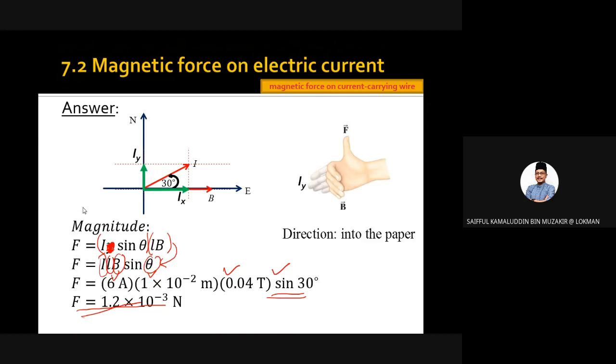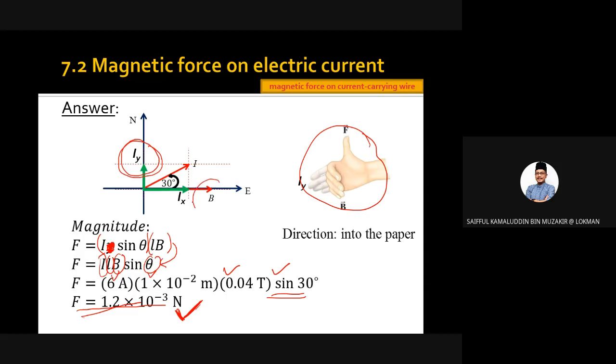So, what is the direction? Okay, you have the magnitude. Remember, force is a vector quantity. So, it has magnitude and direction. Use your right hand rule. Okay, realign your right hand rule. You will find that the direction of the force is towards the paper. Considering that your middle finger is showing to your right, your index finger is showing upward.